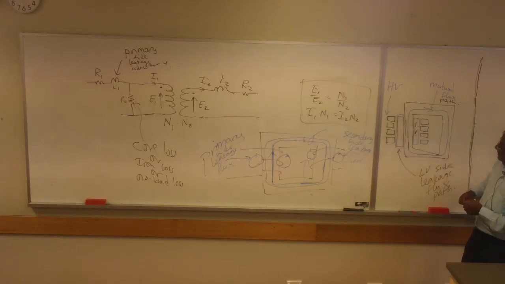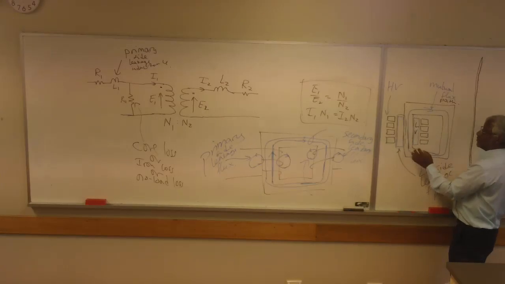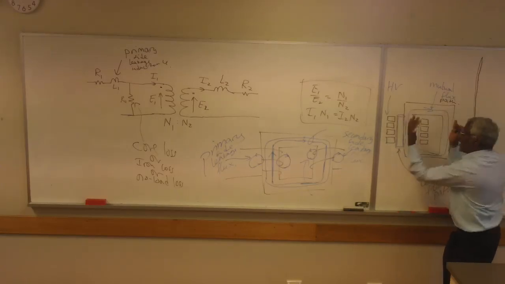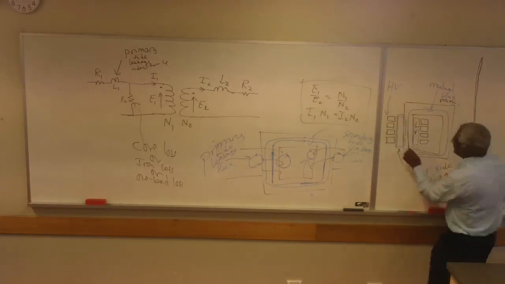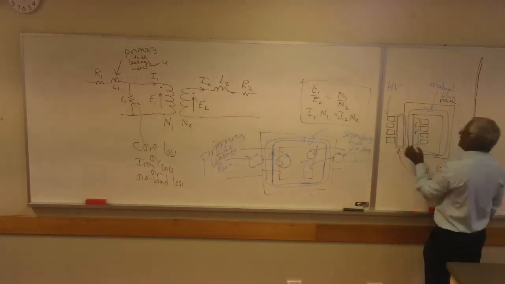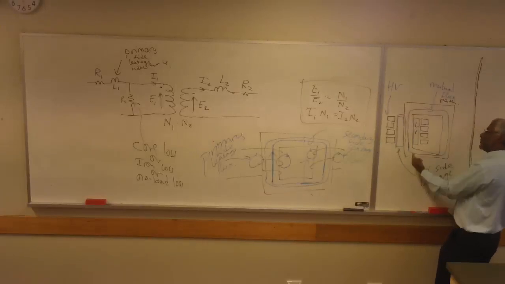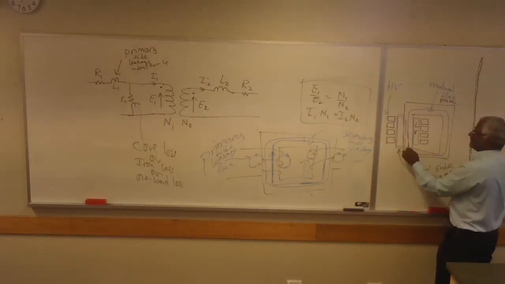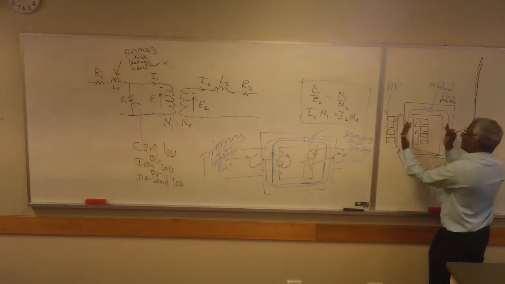Now can you see that the black flux path, which I've just drawn there, does not link the HV winding. It doesn't link it. It goes in and out, but it doesn't link it. Whereas that one goes like that, and it goes through it, so it's linking it. This one doesn't link the winding on the outside.